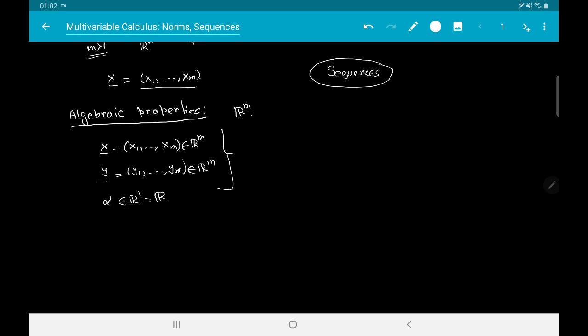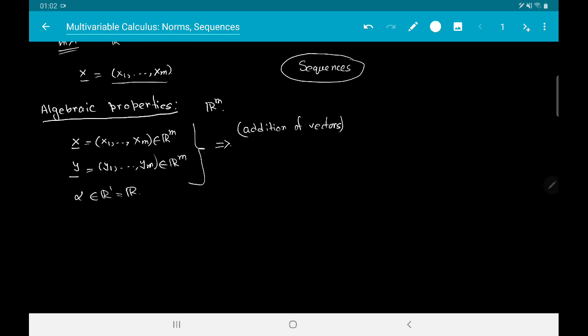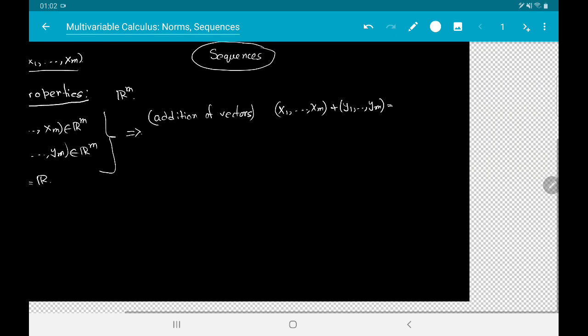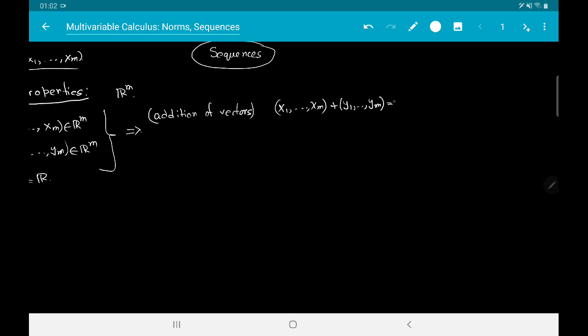So what can we do with them? We can add them. So, addition of vectors. We can simply add two vectors by taking x1, x2, up to xm plus y1, y2, up to ym, and I will do exactly the same thing that first comes to our mind.